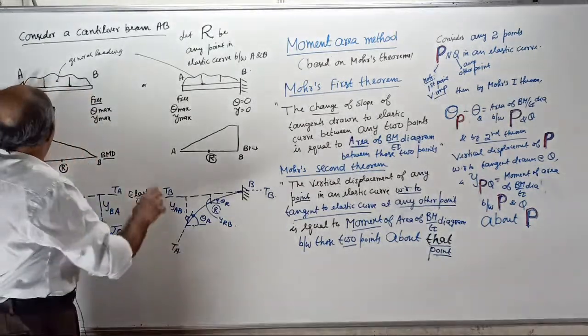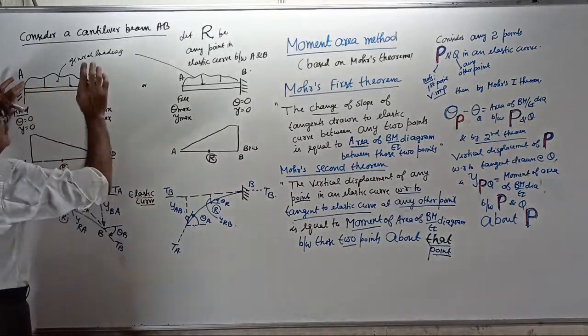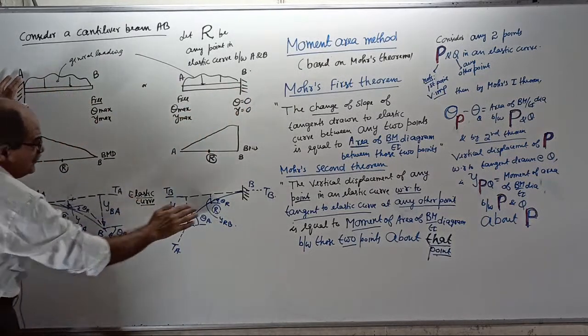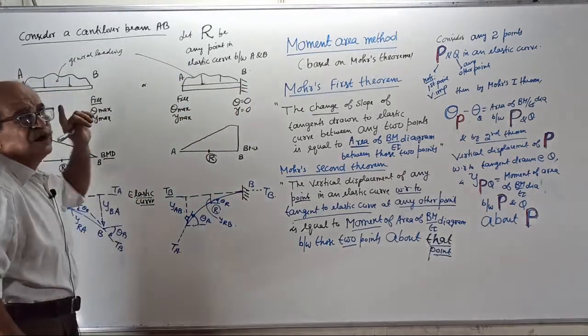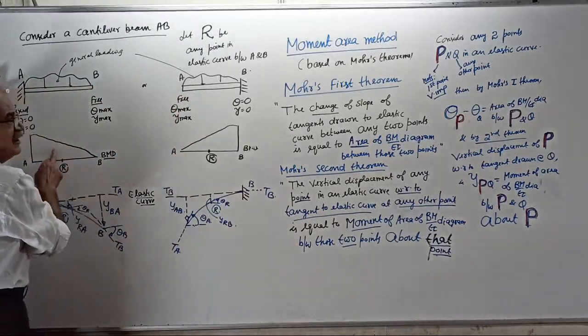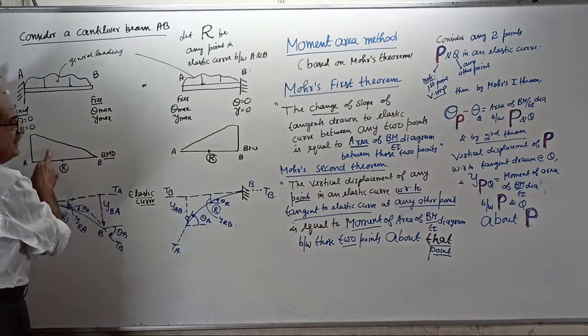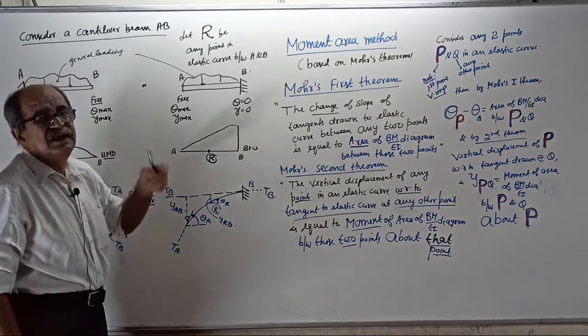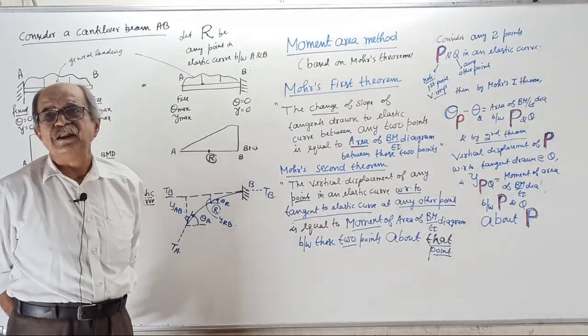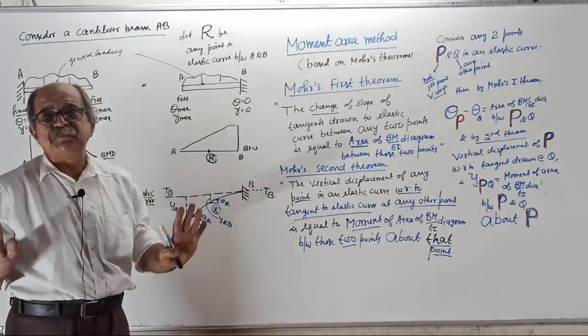Because, see, the beam will hog. This also, the beam will hog. So, the elastic curve I have shown that way. You account for the sign in the elastic curve. So, do not use a minus sign here. Even if you use a minus sign, do not consider that sign. Some people take a sign convention. No confusion, I will give you the easiest approach.